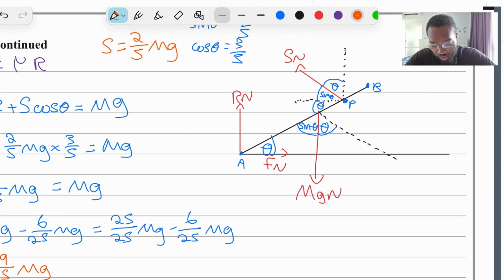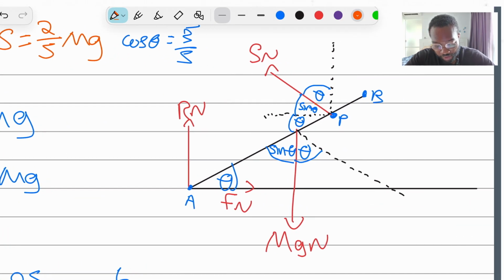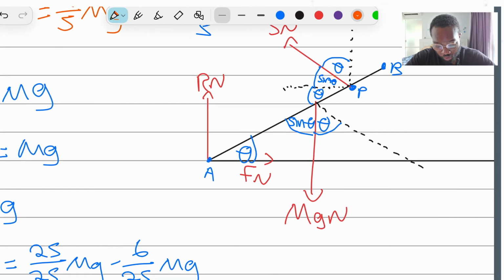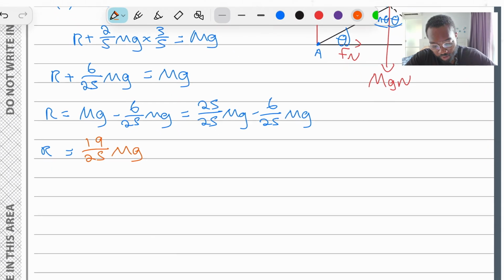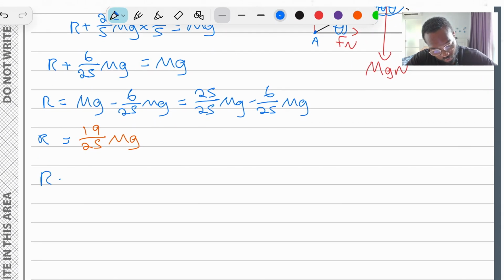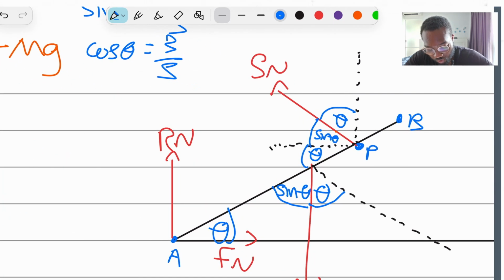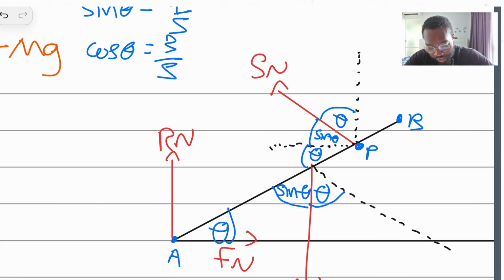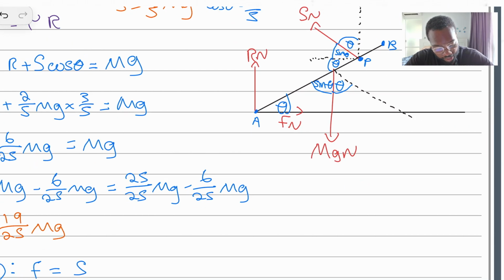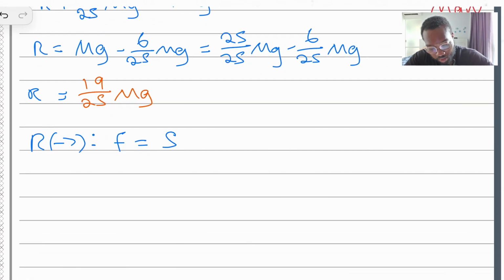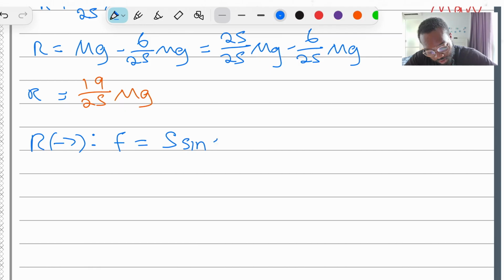So our F value, we can work that out by resolving horizontally. If we resolve horizontally, F is equal to the horizontal component of S. Now let's look at our S, as I've drawn already on there. The horizontal component of S is S sine theta here. Therefore F is equal to S sine theta.